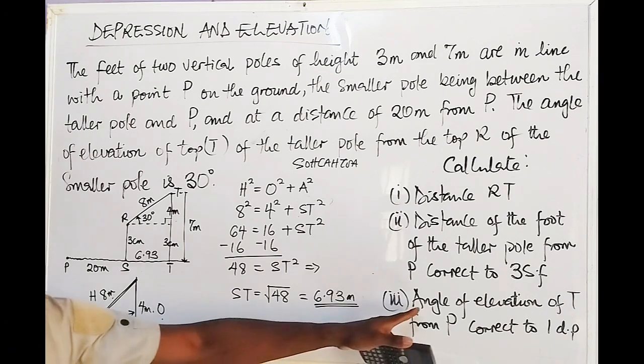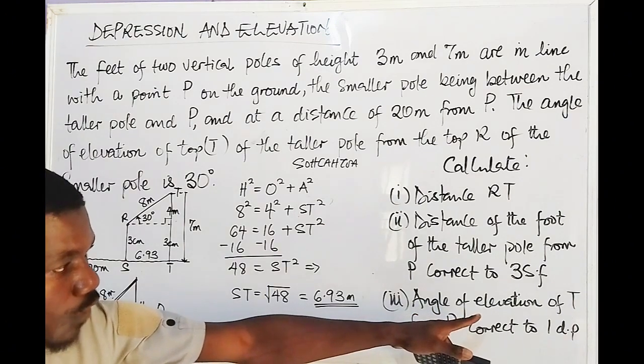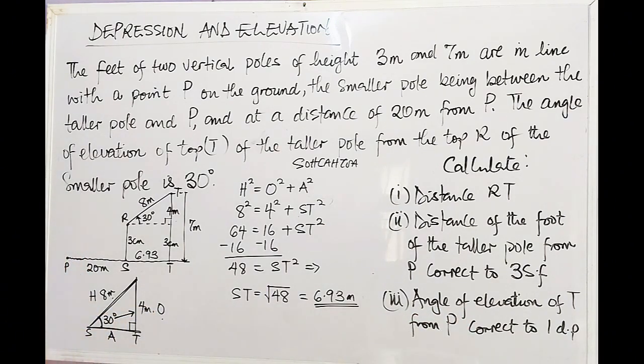Now we are told to calculate what? The angle of elevation of T from P. Of T from P. So let's just make it here. Okay. So the angle of elevation is what we're looking at here at this point.